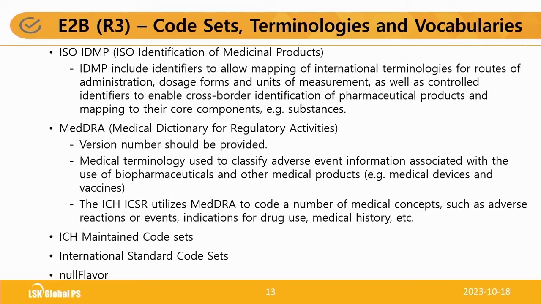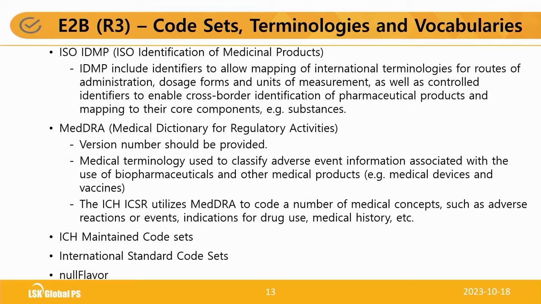And Danny mentioned some details here, went through quite a lot of detail on this topic. So ISO IDMP includes identifiers to allow mapping, and MedDRA looks at coding for the patient's history, and concomitant drugs, and also the indications should be coded.